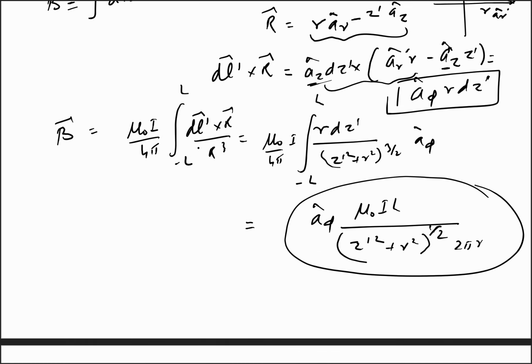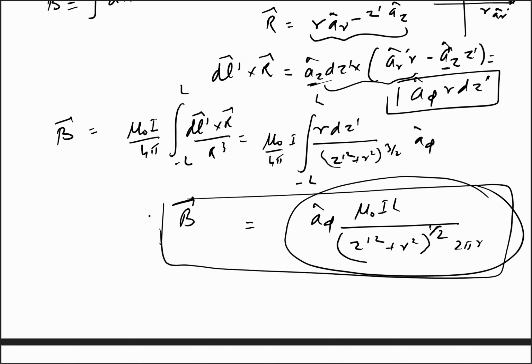So in this way we can find the field by using these two methods, and for a finite current both are easy, although in the first process we had a little more calculations. Here again this integral can be solved by putting z is equal to r tan θ.